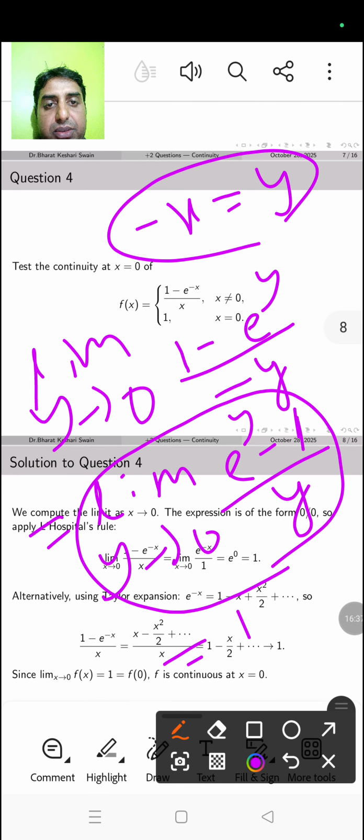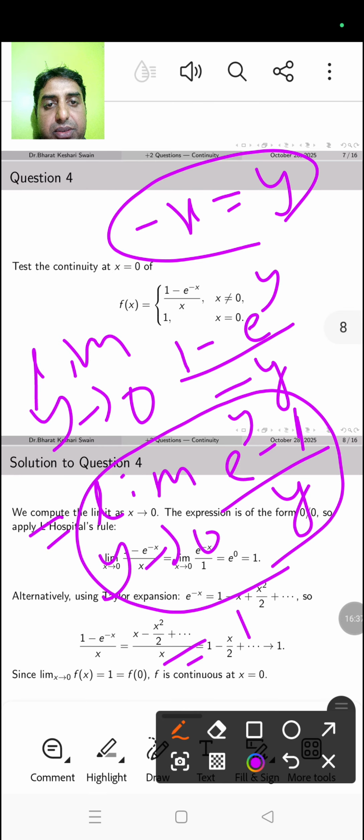And what was your functional value? Yeah, check. This is your functional value, that is f of 0 is equal to 1. Now limiting value is 1, functional value is 1, so both are equal, so f is continuous at x equal to 0. Okay, this is how you can directly apply the formula and check the continuity of this function.